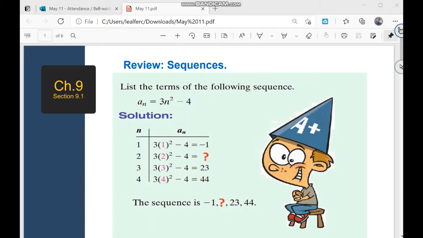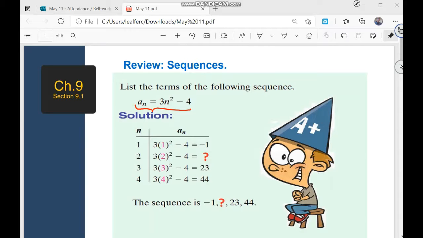Another thing we've learned yesterday is that most of the time we can represent a sequence using a formula or an expression like this. The nth term of a series is equal to... This example shows one kind of formula: 3 times n squared minus 4.